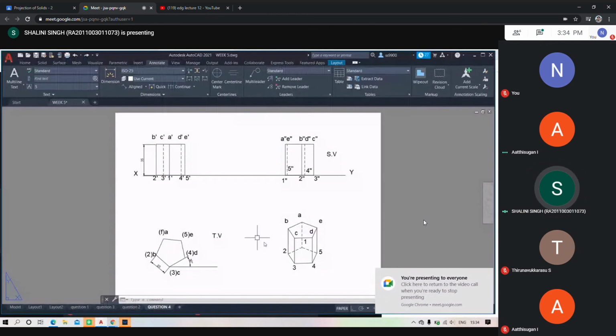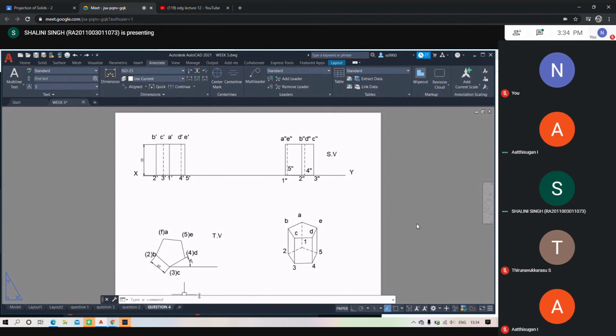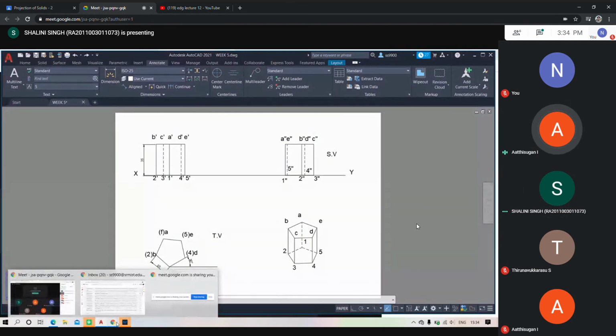So see this, is it correct or do we have to do that rotation from the top side only? But this is resting on the floor, correct? This is correct, sir. Wait, let me check what they mentioned in the question. Okay, sir.